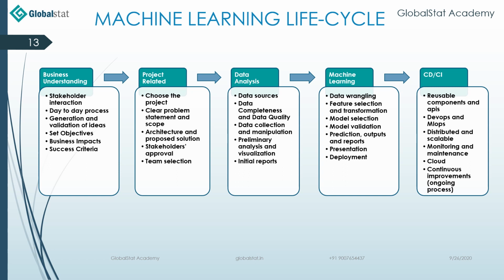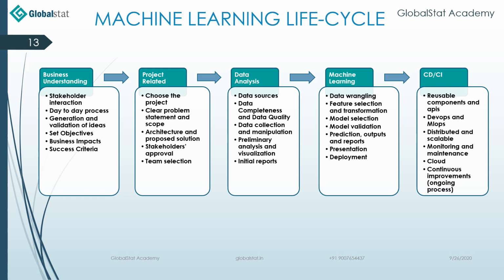Once everything has been approved, we go to the machine learning part, where it includes the data wrangling, feature selection and transformation, model selection, model validation, predictions, outputs and reports, presentations and deployment. Lastly, it's the continuous development part.